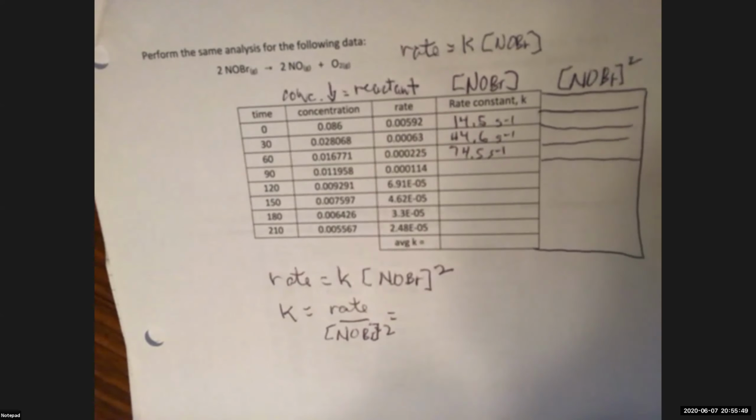So if I do that, the first value is 0.086 divided by, let me put it in brackets in my computer, 0.00592 squared.